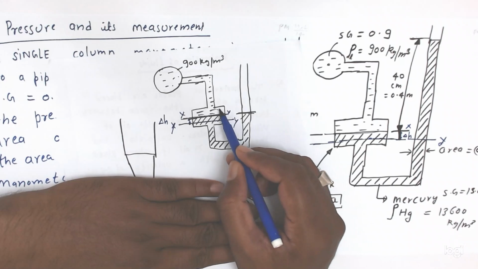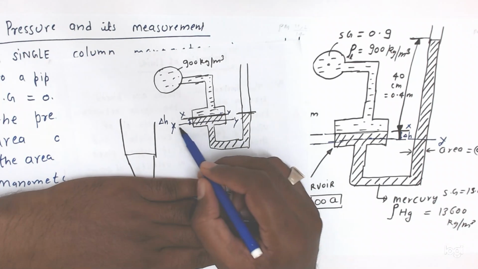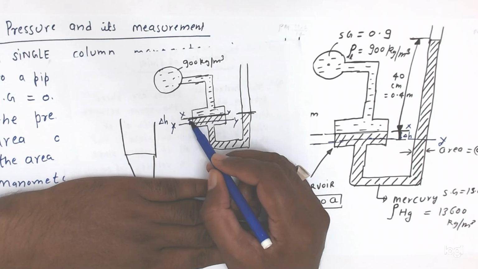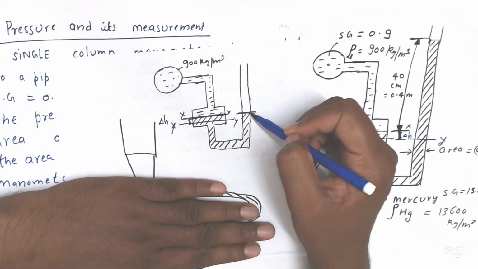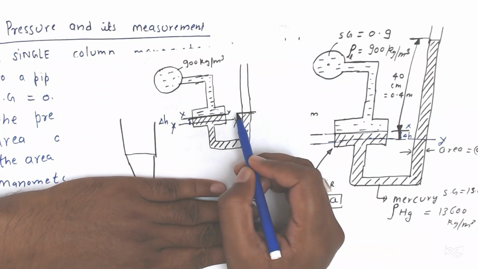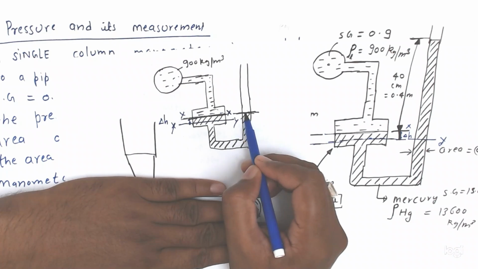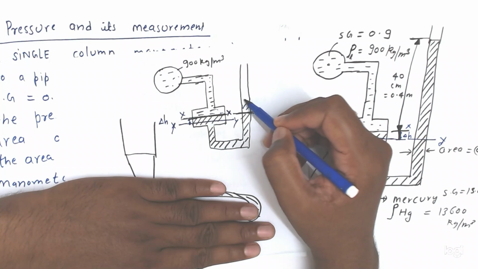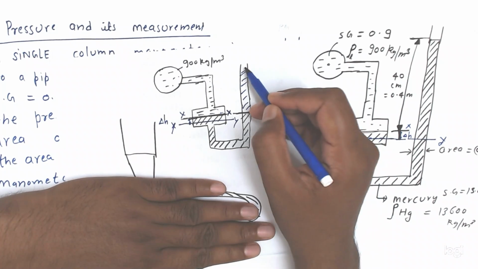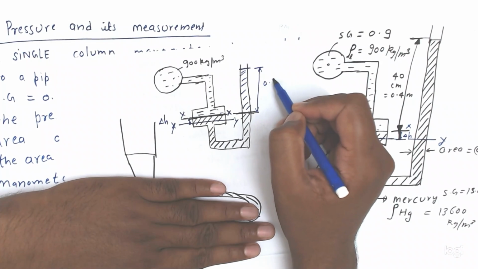Why? Because this reservoir area is very large. That's why it will go down only very little, and because of this, the mercury will rise in the tube from this xx level, which is the initial level of mercury. Suppose it is going up to 0.4 meter.